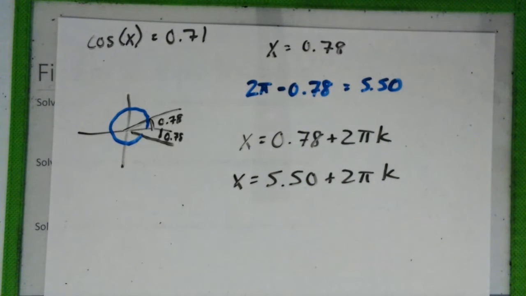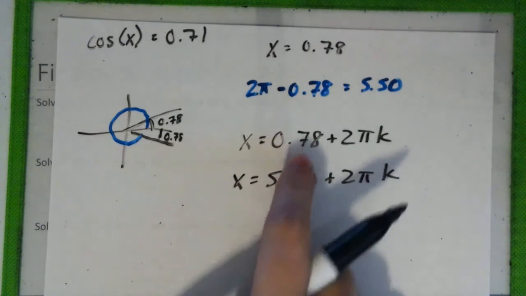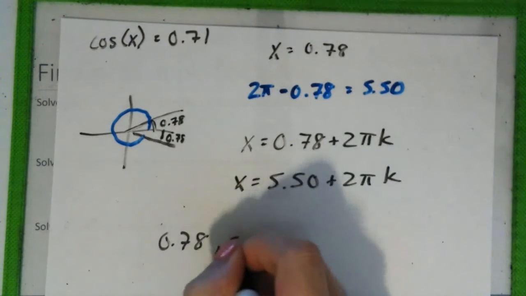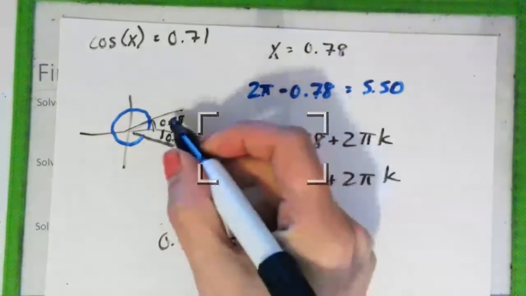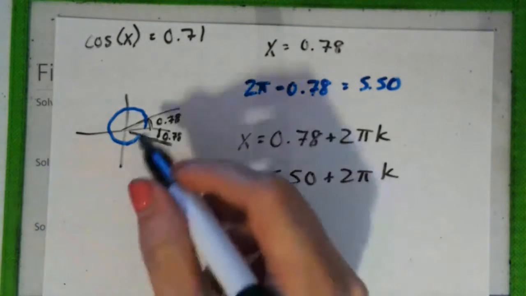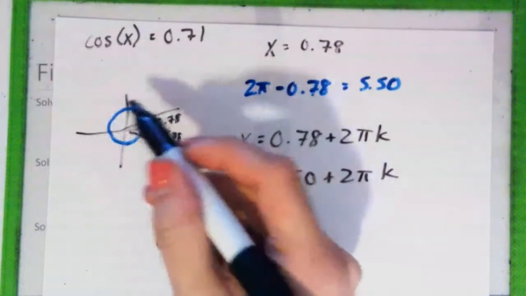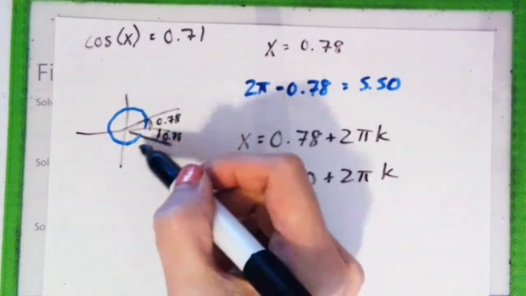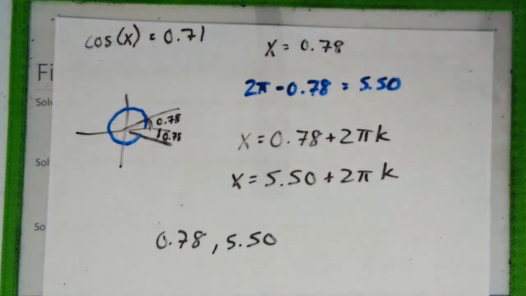We already have our smallest two positive solutions, the 0.78 and the 5.50, because we get our first quadrant and our fourth quadrant. Our next solution is going to be in the first quadrant again, because remember, we're only going positive. So we did our first quadrant, our fourth quadrant, first quadrant is going to be the next one again.